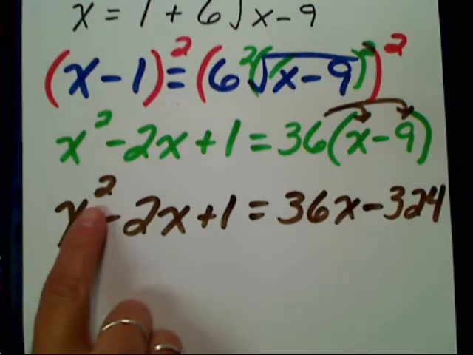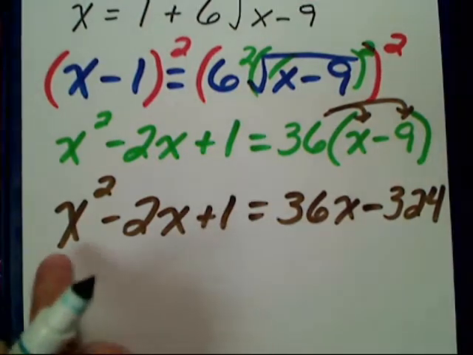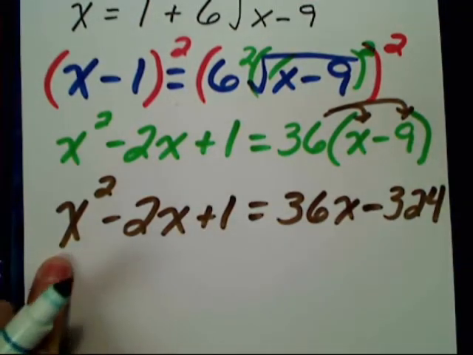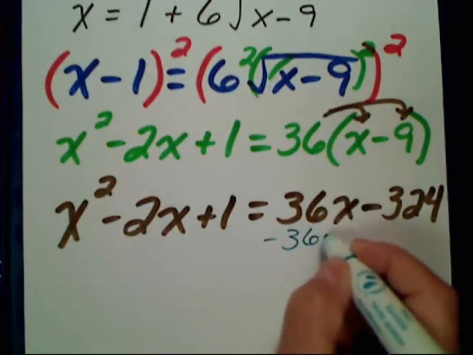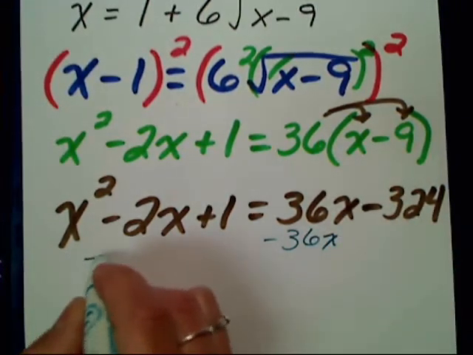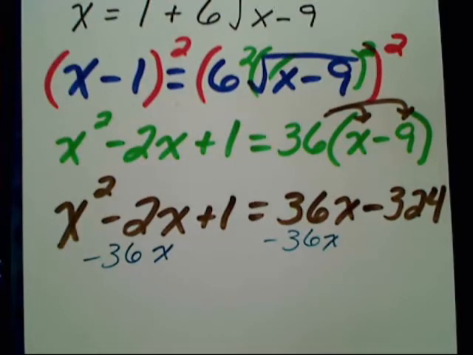Now, because I have an x squared, I know that I have to set my equation equal to 0. So that means I'm going to move everything onto this side because you always want to keep your x squared positive. So it's a positive 36x, so I'm going to subtract 36x. I'm going to line that right up underneath my other term with an x so that I have my like terms together.